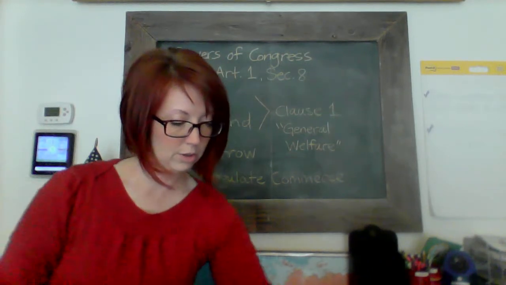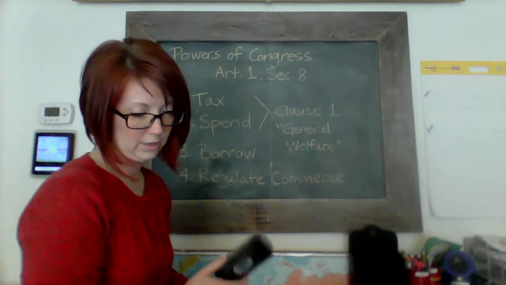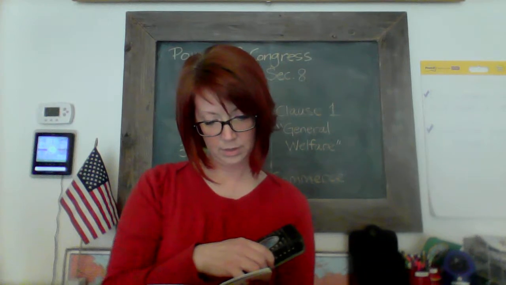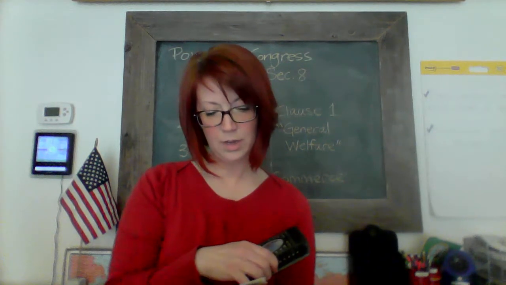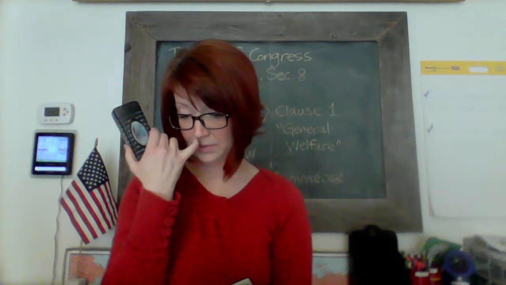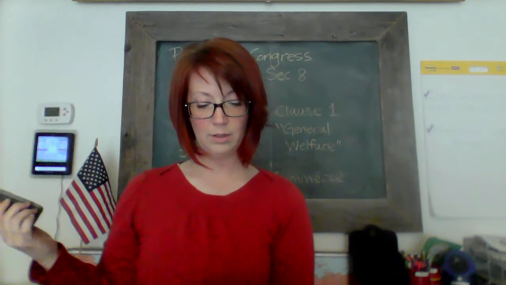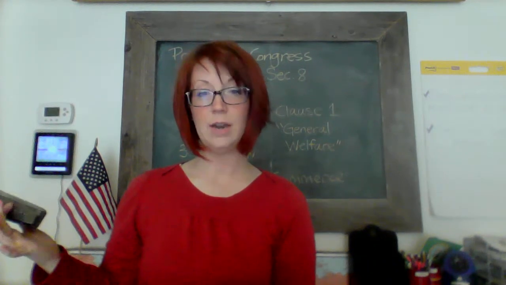Okay, so this is pretty. Sorry, I missed a clause. No, I didn't. Yes, I did. The next one after the Commerce Clause is to establish a uniform rule of naturalization and uniform laws on the subject of bankruptcies throughout the United States.